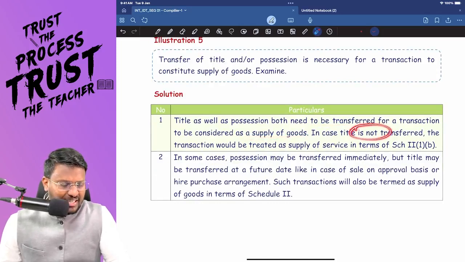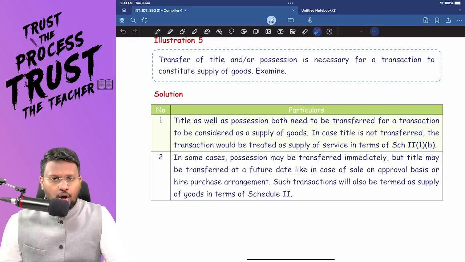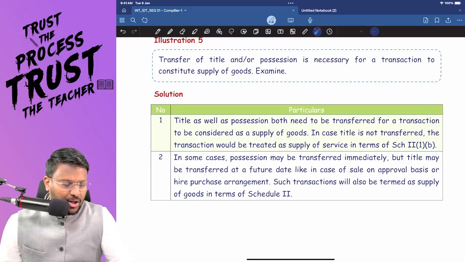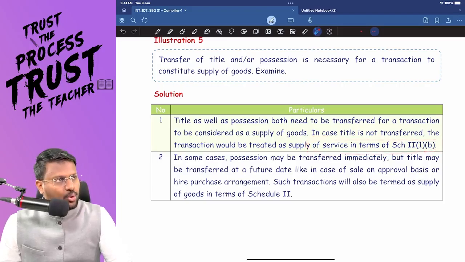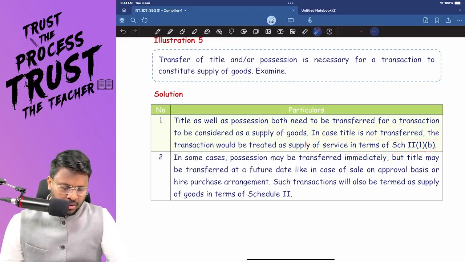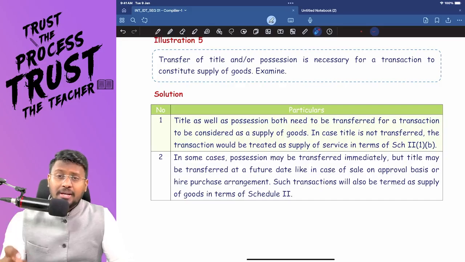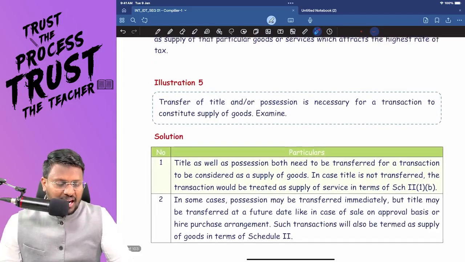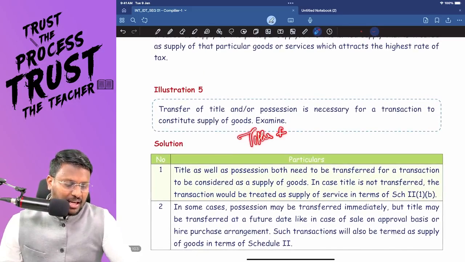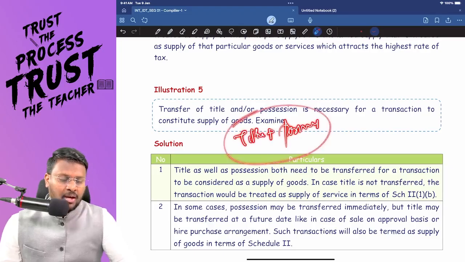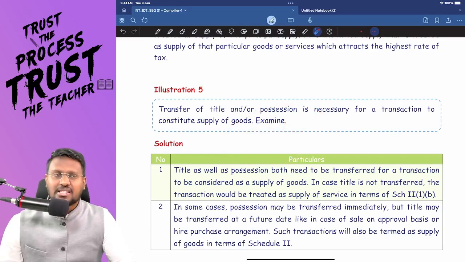In case title is not transferred, title meaning ownership, the transaction would be treated as supply of service in terms of Schedule 2. That means in order to be a supply of goods, two conditions should be satisfied. You should transfer both the title and also the possession. So if you transfer both title and possession, then only you can say that it's a supply of goods.